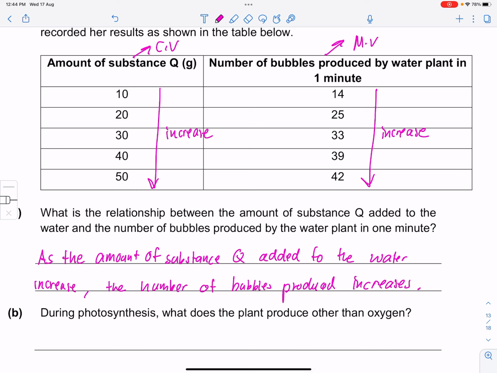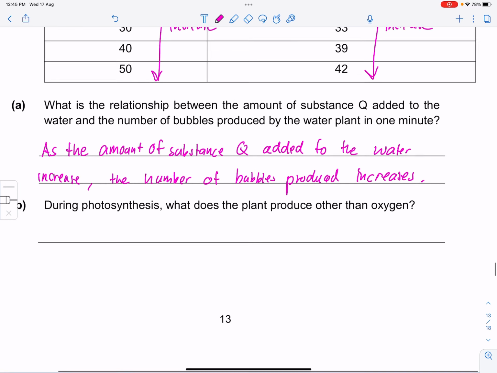Now, be very careful. The cause and effect needs to be in the correct order. You cannot say, as the number of bubbles produced increases, the amount of substance Q added to the water increases. No. The cause and effect is not interchangeable. That I've mentioned before.